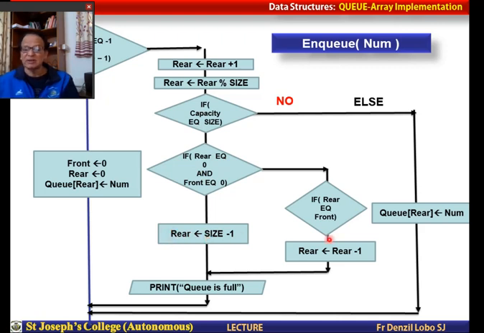That is what is done here in both the cases, and then we give the message that queue is full. Otherwise is a very simple case, as I've given in case number 4, and therefore you insert that number at the rear. So this is case number 1, case number 2, case number 3, case number 4. All this is there in this flow chart. Therefore, I would like all of you to pause this video and write the complete function called NQ.